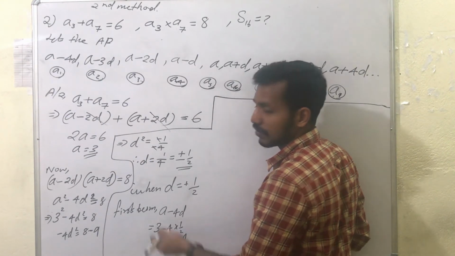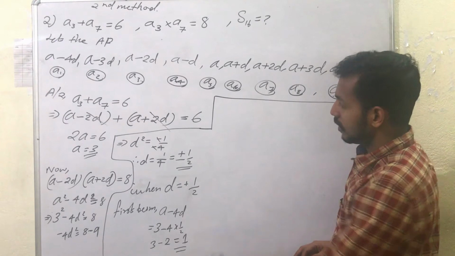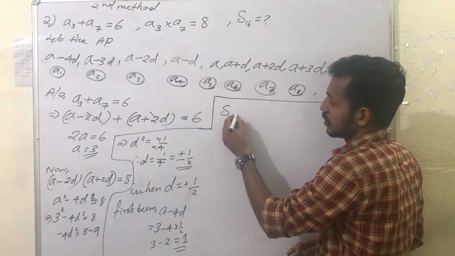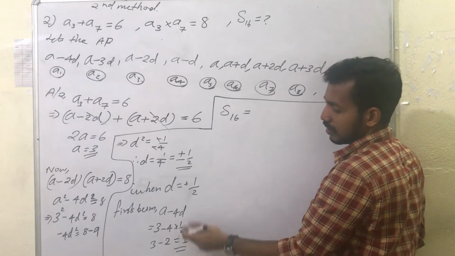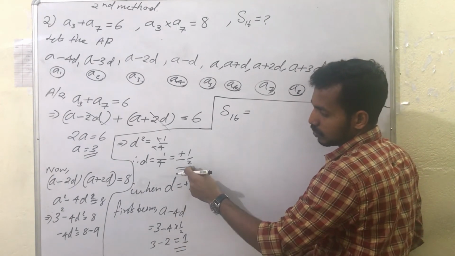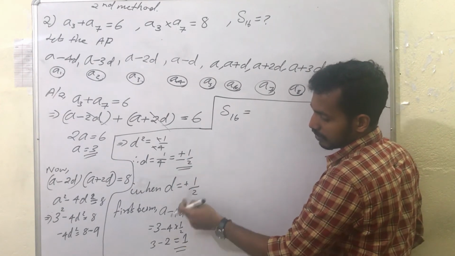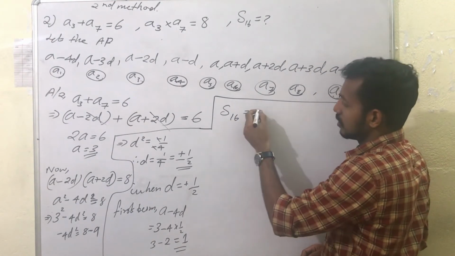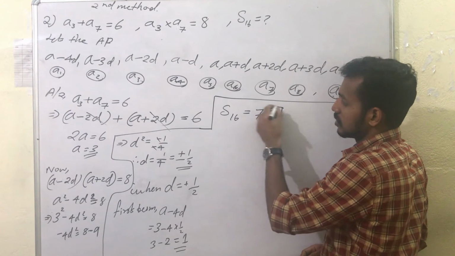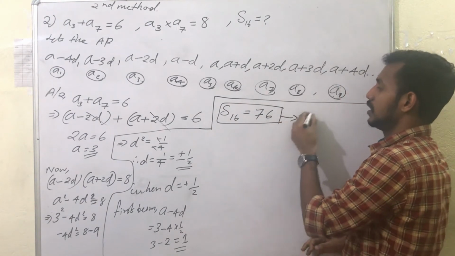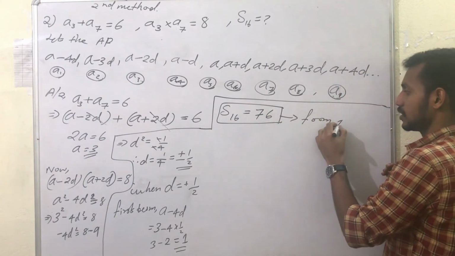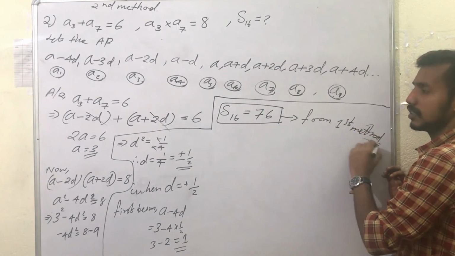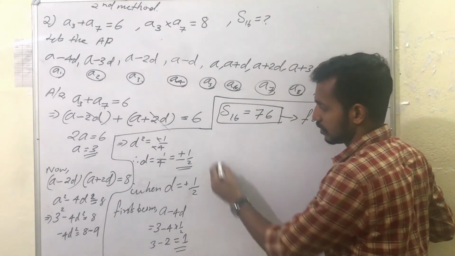This is also the same as we got in the first method. Then the sum of 16 terms, when D is equal to 1 by 2 and A is equal to 1, we have got the sum of 16 terms as 76. Okay, from the first method we have already got this value. Same as we did in the first case.